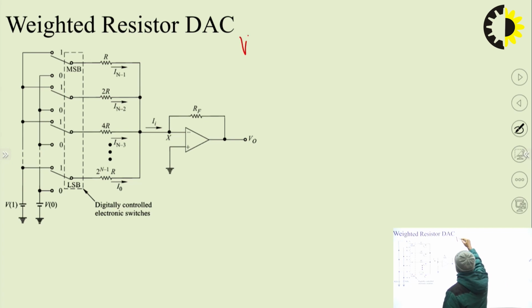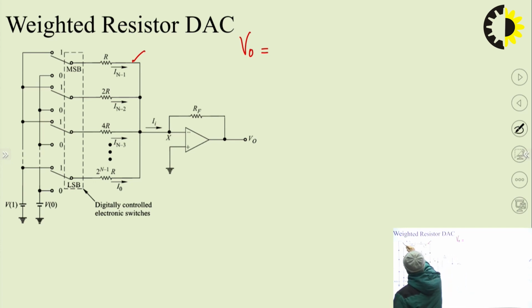This output V0 will be equal to V in, and if I am labeling them, let's say for this first branch, for this I am utilizing the voltage Vn minus 1, because this is MSB and this is LSB. So if voltage is appearing from here, it will be equivalent to V0.